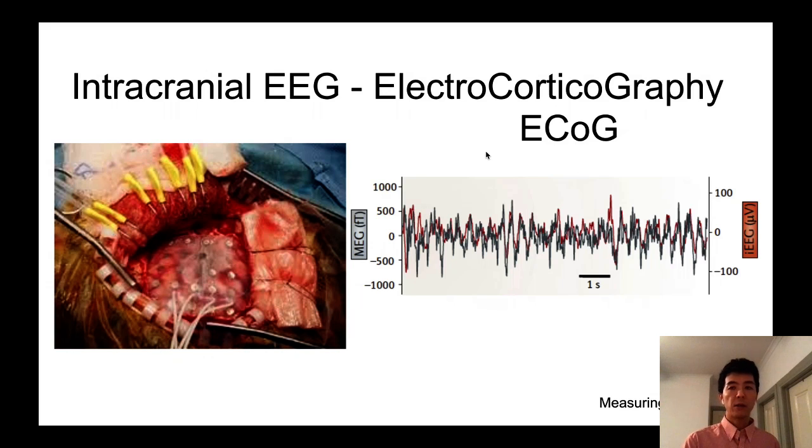If you do that on the surface, you can record an activity called electrocorticography, sometimes called ECoG. Here, as you see, from the surface you can directly record the electrical activity, unlike EEG, which is filtered through the skull and also scalp, skin and bone, right? But ECoG directly records the activity on the surface of the brain, and therefore it has a really good signal-to-noise ratio.